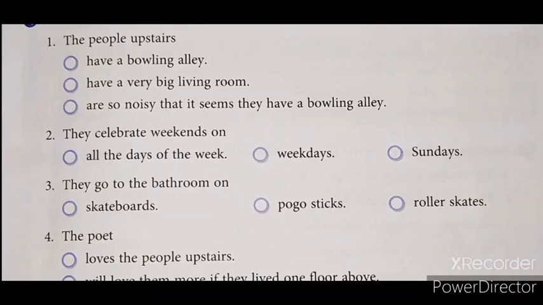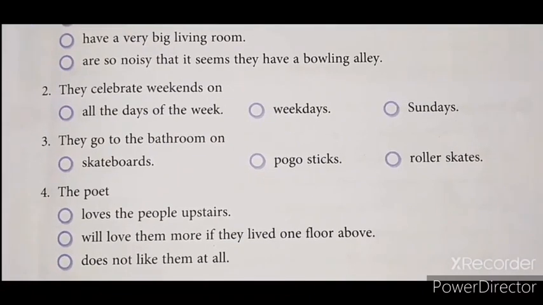Answer is the first one, they celebrate weekends on all the days of the week. They go to the bathroom on: option 1, skateboards, option 2, pogo sticks, option 3, roller skates. In the poem we have the line, they go to the bathroom on roller skates. So the answer is roller skates.